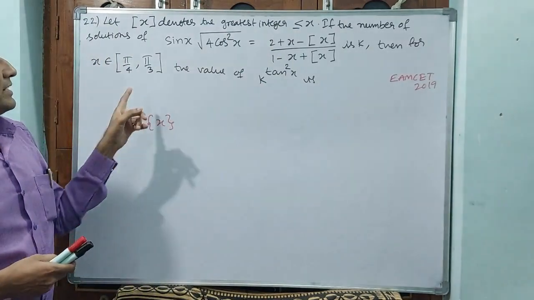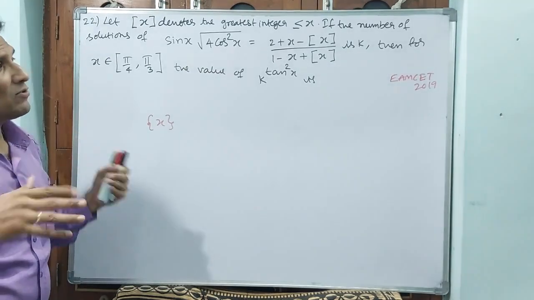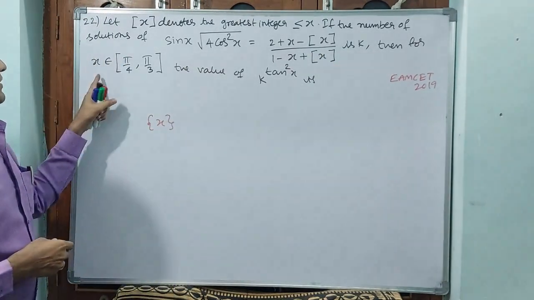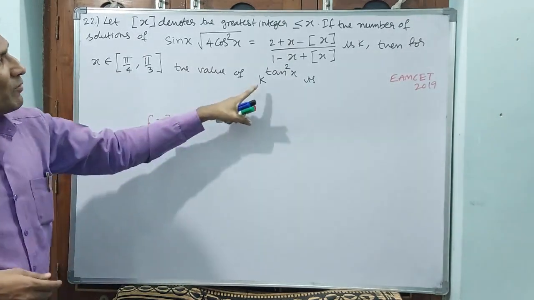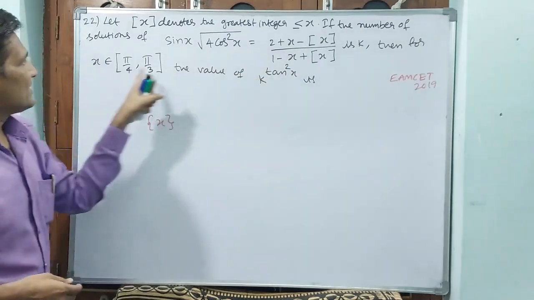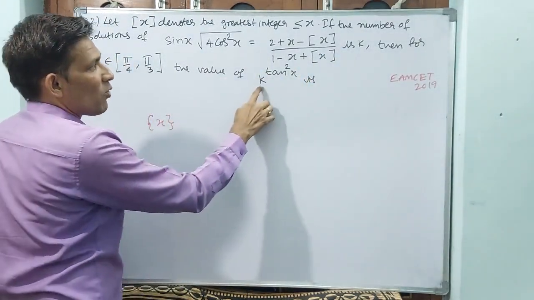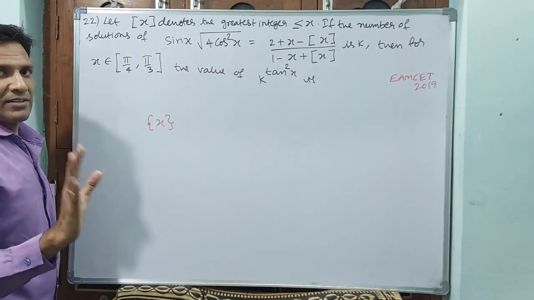Then if that is the number of solutions, how many? 1, 2, 3 may be there. That number is k. Okay. Then for x belongs to pi by 4 to pi by 3, the value of k power tan square x, this x is this value angle. If k comes in, 4 solutions are there. 4 power tan square x, this value you have to say. That is the logic you have to understand here.